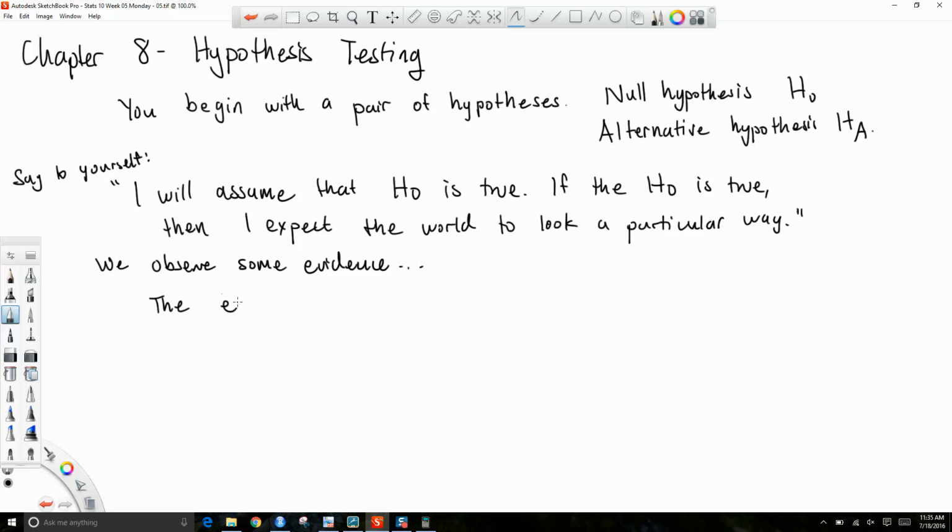The evidence is very different, or the observation is very different from what we expect. Okay, the evidence is very different from our expectations, and then this implies my assumption was wrong.